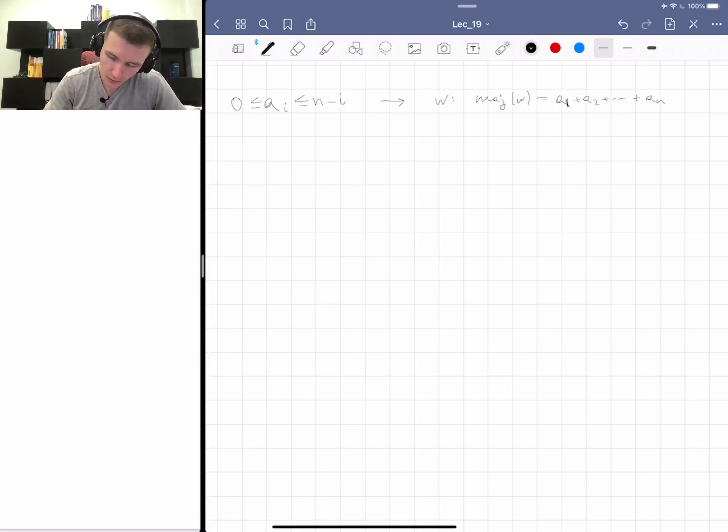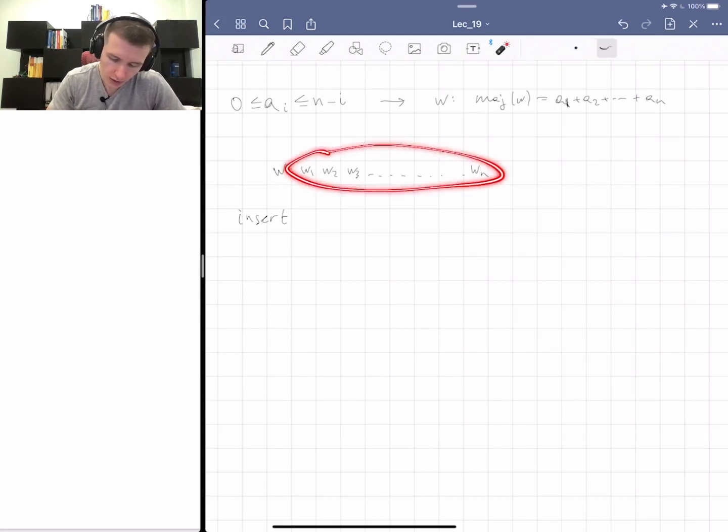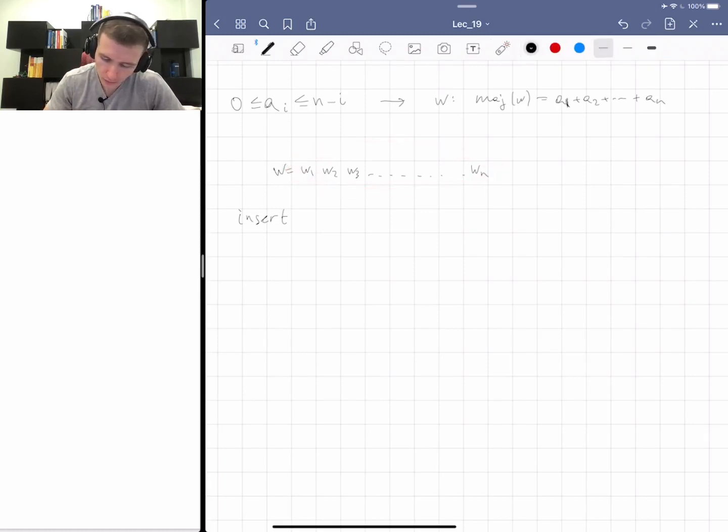So let's say you have a permutation w, w_1, w_2, w_3, etc., w_n, and these are numbers from 1 to n in some order, and I'm trying to insert 0 into w. So I'm trying to insert the number that's smaller than the rest of the numbers.